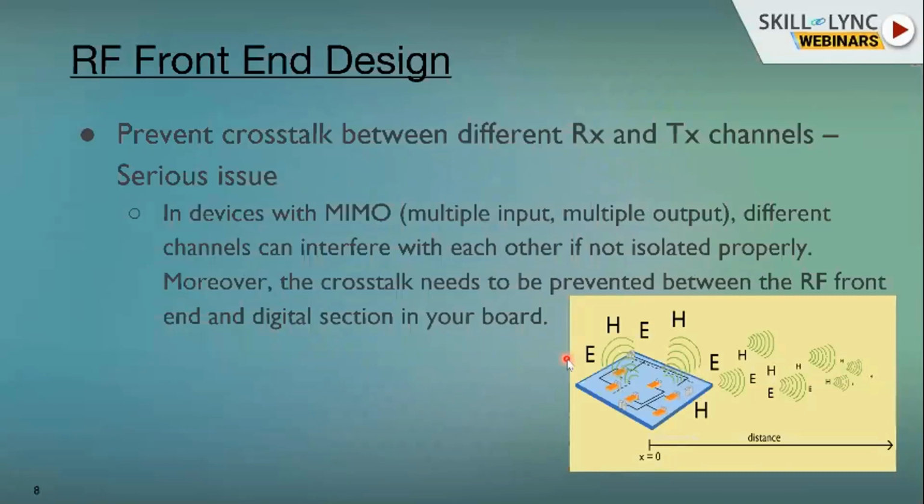At the same time, RX2 also can send a message which is intended for me, but instead it goes to RX1. That's called interference. It means I was supposed to send the message to RX1, but due to interference, it receives the RX2 message. That's how we call it crosstalk, within the system or outside the system.